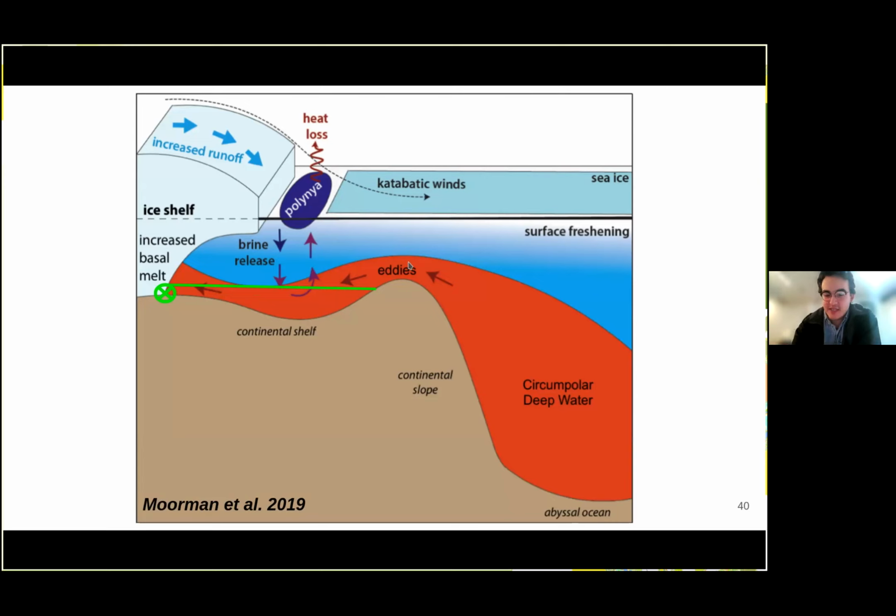It's still not connected to the open ocean, and a little higher. If we were to go any higher at this point, we'd be connected to the open ocean. And so that green line right there is the HUB for that green point. And in 2D, it's really easy to see as what we just usually call the sill depth, or the maximum height of the bathymetry between any point and the open ocean.